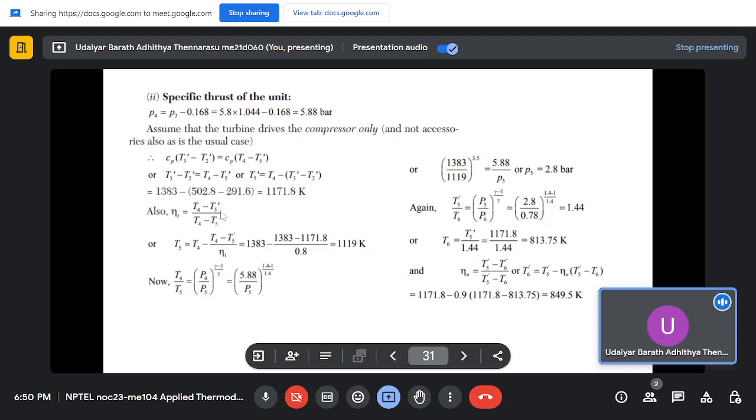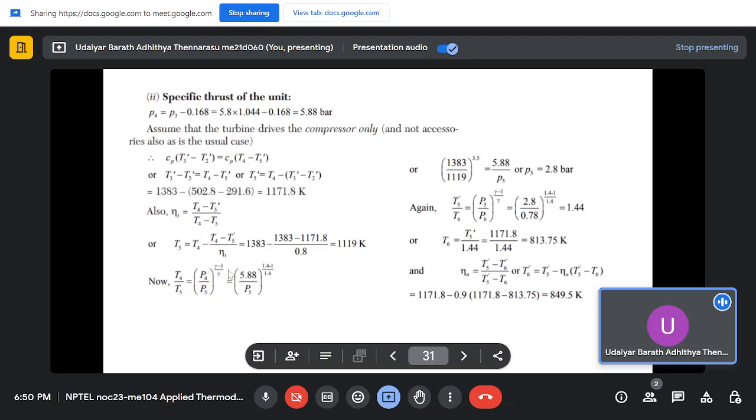Now to find the isentropic temperature, we can use the turbine efficiency to find T5. T5 comes out to be 1119 Kelvin. Now using this we can find the pressure at state 5, the exit of the turbine, assuming a reversible adiabatic process. So T4 by T5 equals P4 by P5 raised to power gamma minus 1 by gamma.